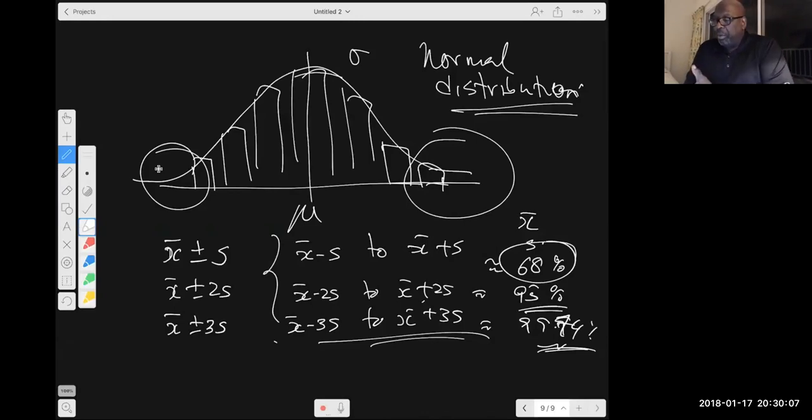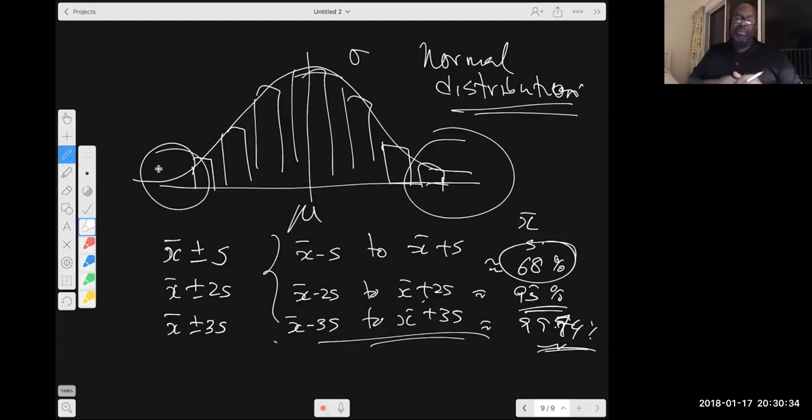So the reason why we want to be able to test a distribution to see if it conforms to this pattern is because if it does, we could do a lot of things with the assumption that the population is a normal distribution. And that will become clearer as we go through the course. At this point, it's early, but then it will become a lot clearer. All right? So that is the empirical rule.